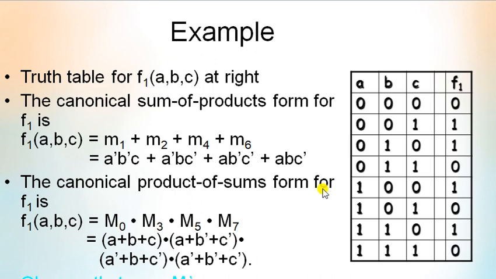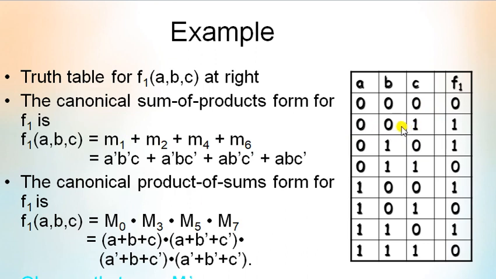Consider this example of canonical sum of products form. F1 of A, B, C is equal to small letter m1 plus m2 plus m4 plus m6. For getting the value of m1, consider this truth table. For m1, the binary equivalent is 0, 0, 1.